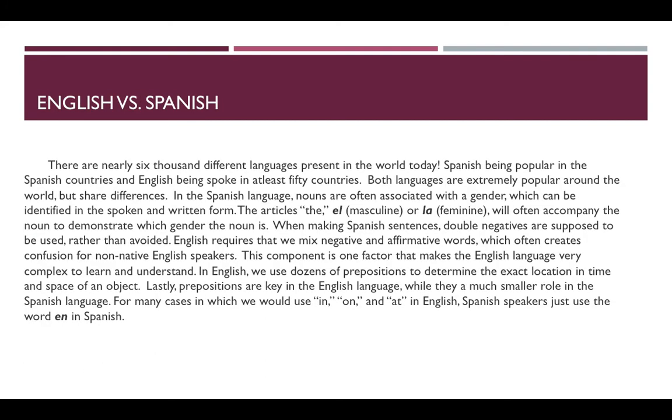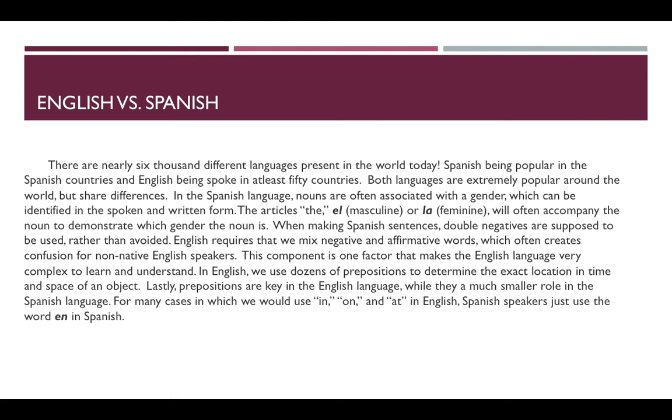So, a quick comparison between English and Spanish. So, there's nearly 6,000 different languages in the world today, which is super interesting. So with Spanish, as I talked about, we know that there's a masculine form and there's a feminine form with every noun. So English requires that we mix negative and affirmative words.